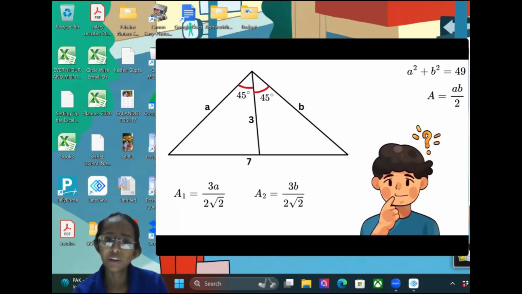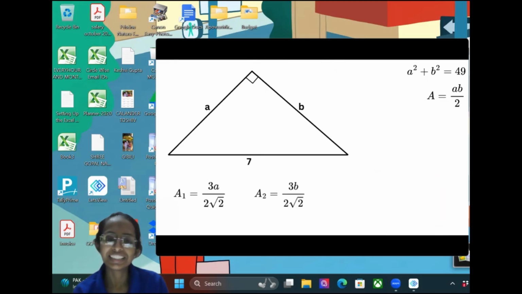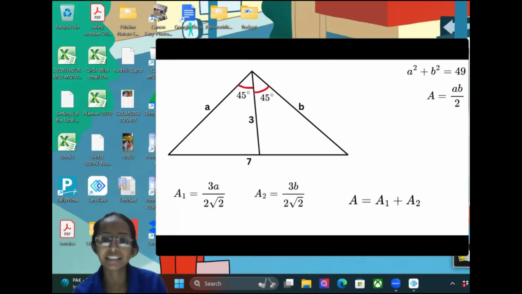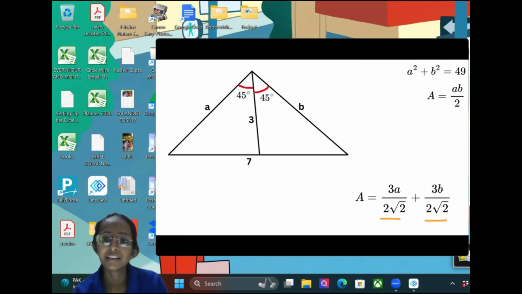Now, what do we have to do? We need to add these two areas to get the complete area of the triangle, that is A. So A is equal to A1 plus A2. Now we substitute the values of A1 and A2. We get this.